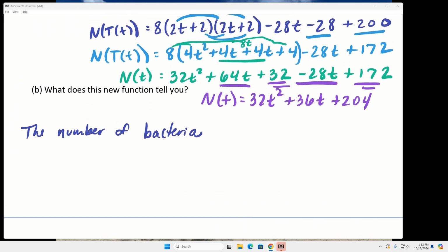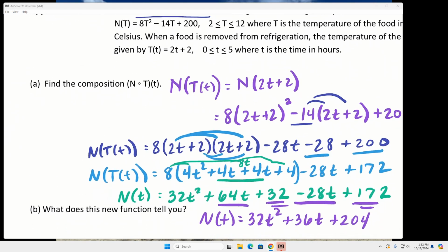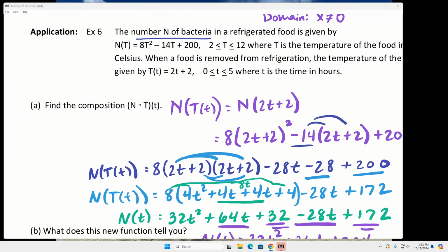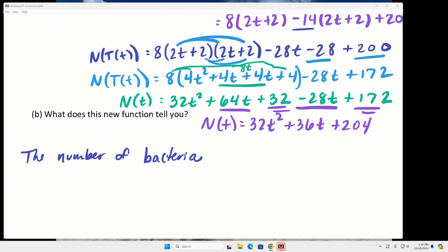Now the original N was the number of bacteria based on the temperature of the food, but that was when it was capital T. Now this is lowercase t. What does lowercase t represent here? Time. So this is the number of bacteria given the time out of the refrigerator.